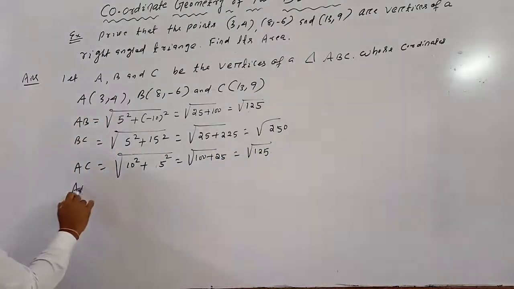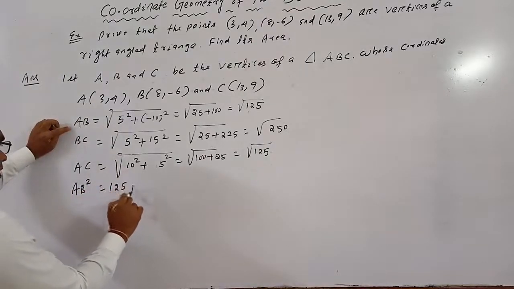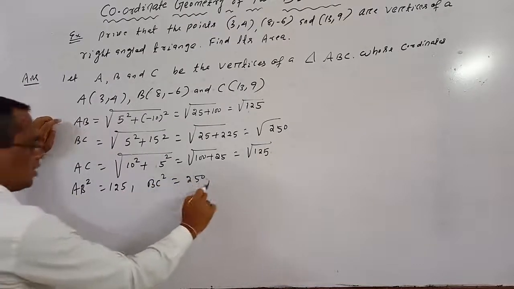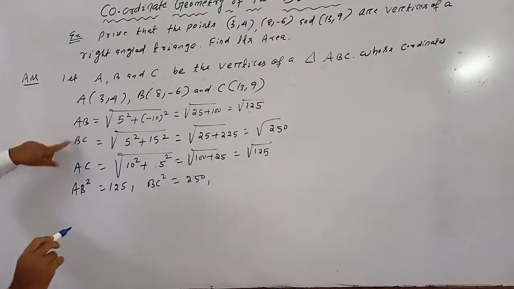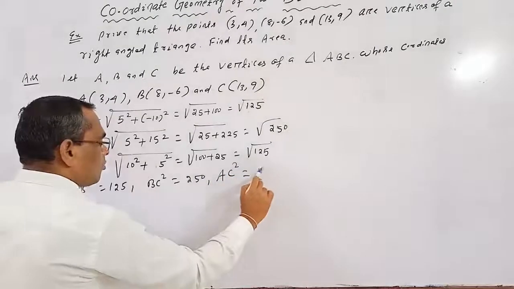Now AB square equals 125, BC square equals 250, and AC square equals 125.